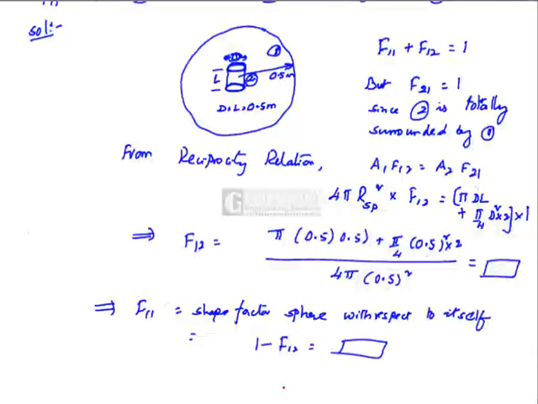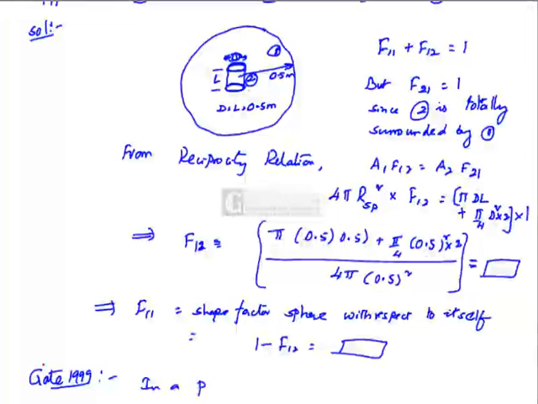Hence the answer. So, by knowing the shape factor of the inner cylinder with respect to the outer sphere as 1, we calculated the shape factor of 1 with respect to 2. Having known F12, we could calculate F11. Hence the problem. Now I shall solve a problem given in GATE 99.